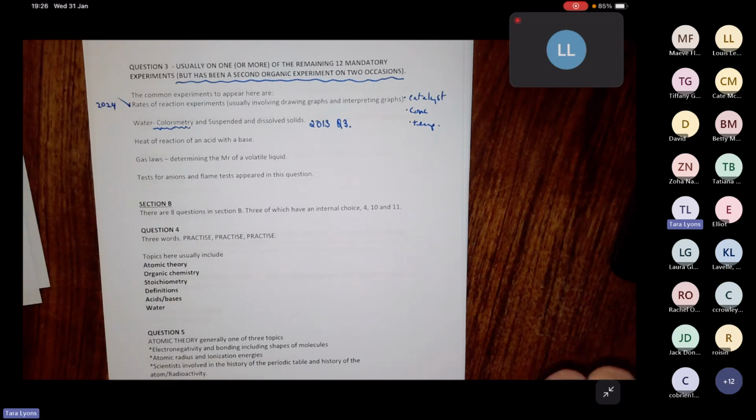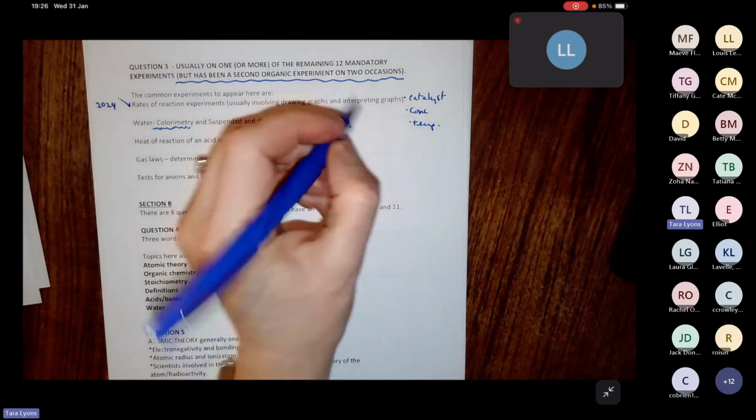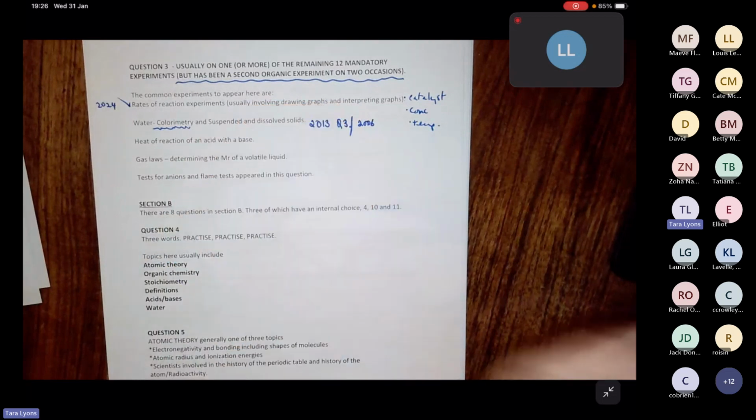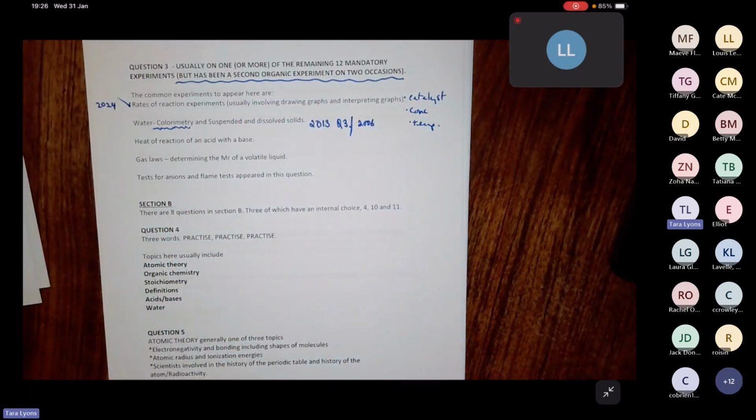So that's the experiment I'm talking about with colorimetry. It hasn't been asked for a while now, 2013, that they asked you the method involved in carrying out colorimetry. It was there as well, I think, 2006. If you want to look at 2006, question 3, also for colorimetry. So not been around for a while, so maybe something worth looking at.